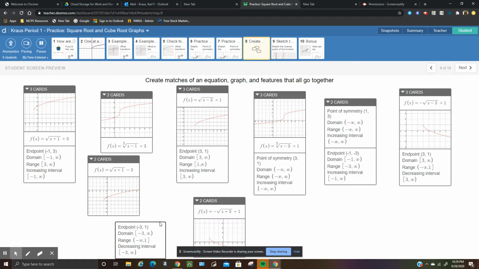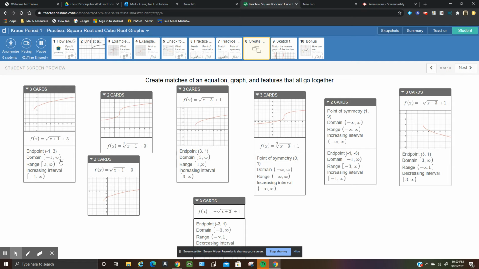You need to drag this over here. All right. I think I have everything matched up now. Let's make sure that's right. So this is endpoint -3, 1, or -1, 3.